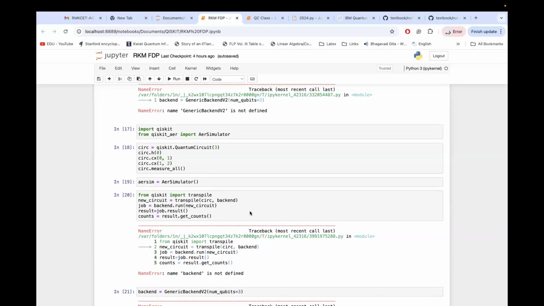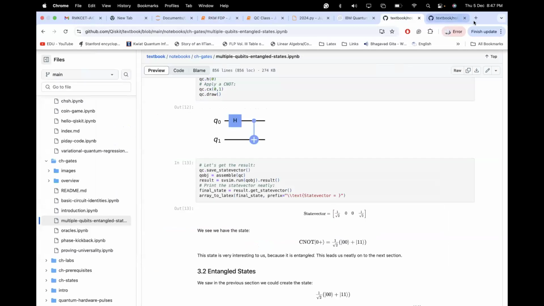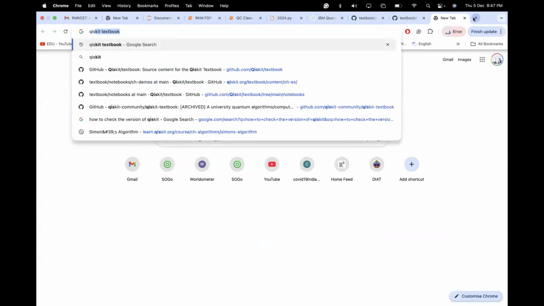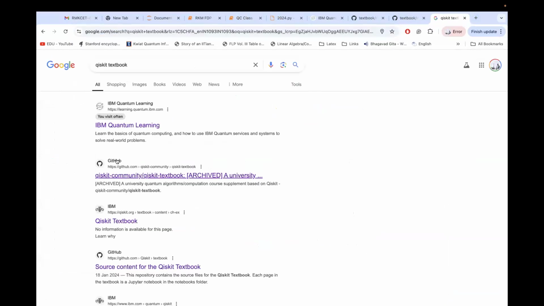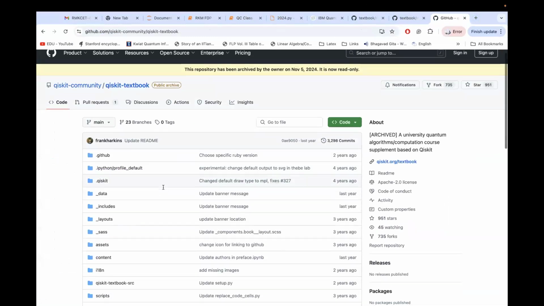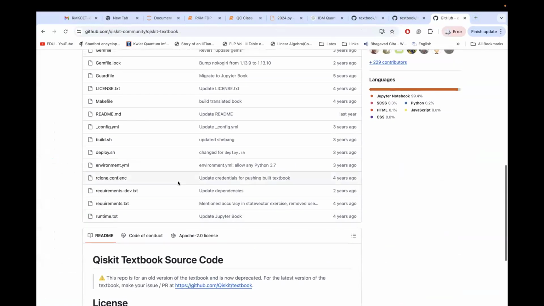Another general question from Amrita madam asks which is the best source to learn the working and installation of Qiskit step by step. Yes, you go to this GitHub page, right? The Qiskit textbook directs you to this GitHub page. Here, everything is discussed, installation, everything.